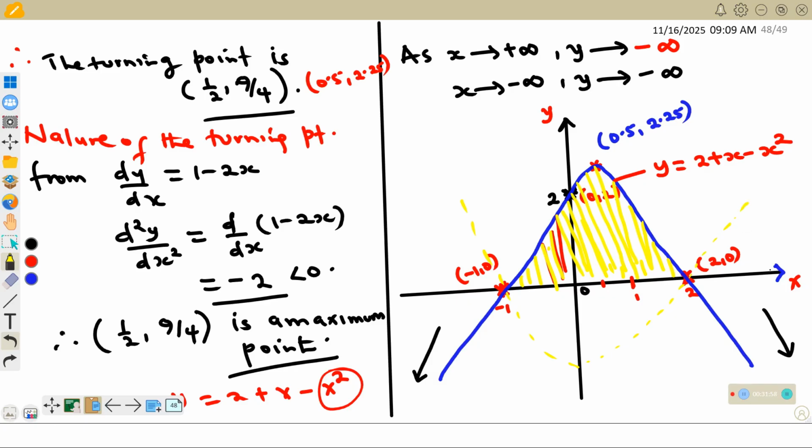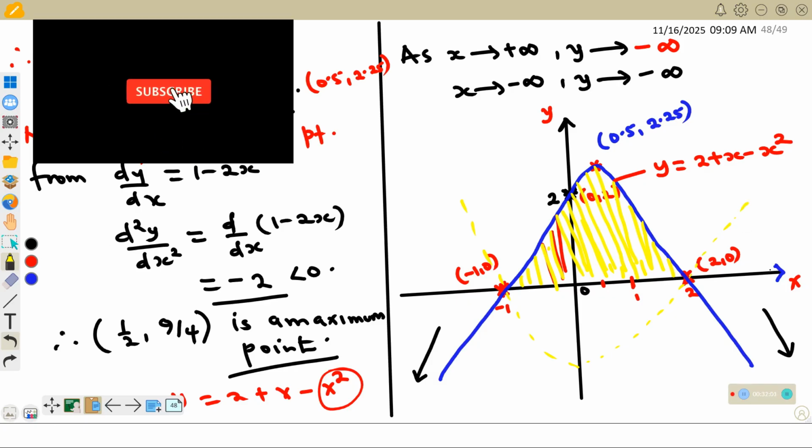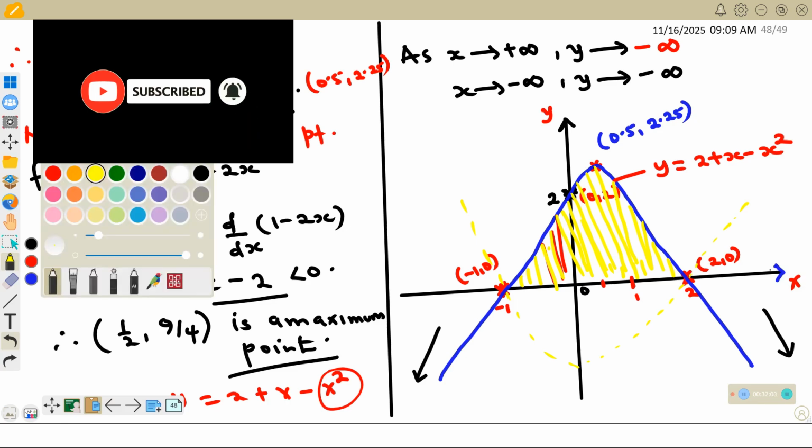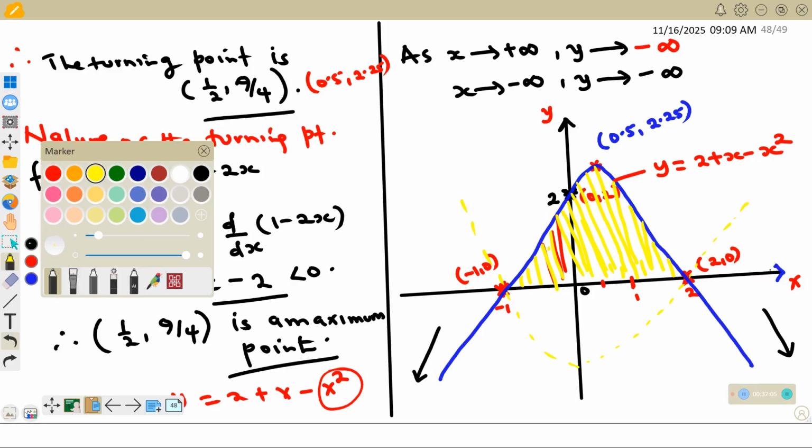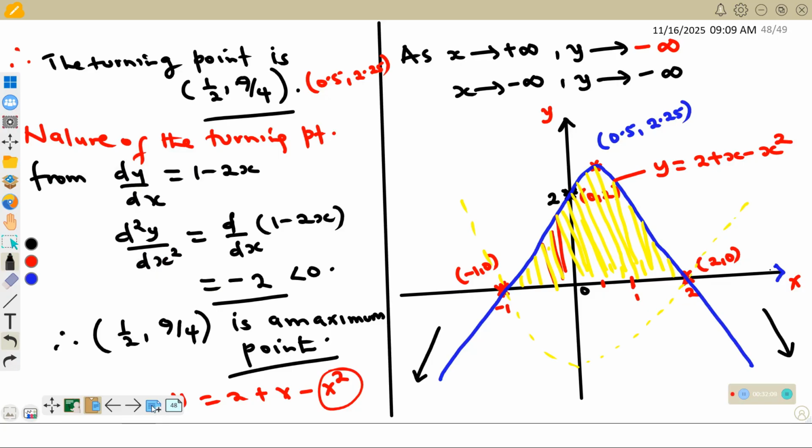So what we shall do is to use what we call the disk method to get the volume of this solid here. The disk method says that V is the same as pi integral from a to b of y squared dx.